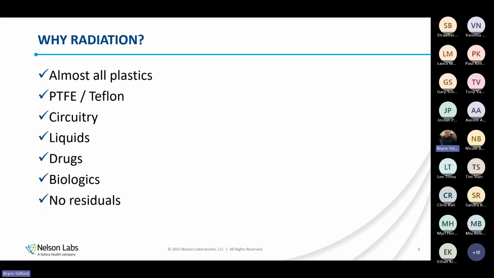So one of the advantages with radiation is we don't have residuals, but you do need to consider your functionality and the effect to product. And with every sterilization method, you have to look at that functionality for the product, but also its packaging system. So one thing to keep in mind with radiation sterilization and all sterilizations is there is no sterility without a sterile barrier.